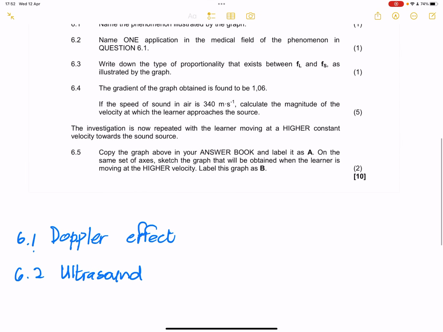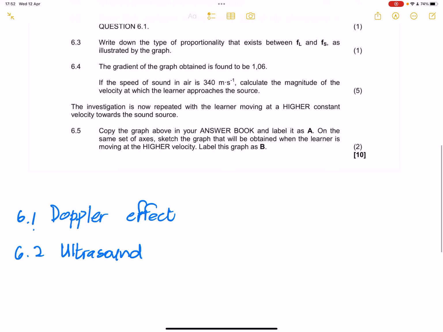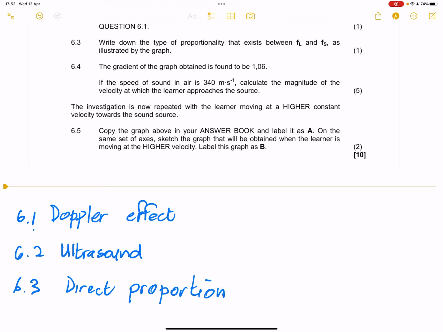So in this case, it must mean that it's a direct proportion, because as the one increases, so does the other one. So we say that is a direct proportion, or you can say direct proportionality. That is how they are related.